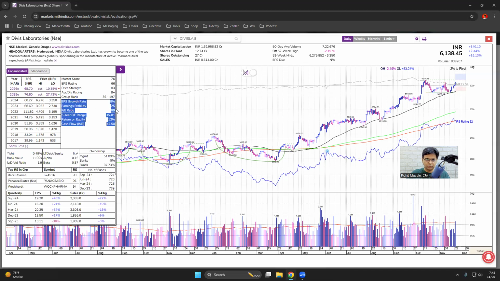So what are these two numbers? EPS growth rate and earnings stability. So the EPS growth rate basically represents the annual growth rate of the company. This is what I have understood. So the Market Smith or William O'Neill and Company, they are looking at the growth of the EPS in the most recent quarters.